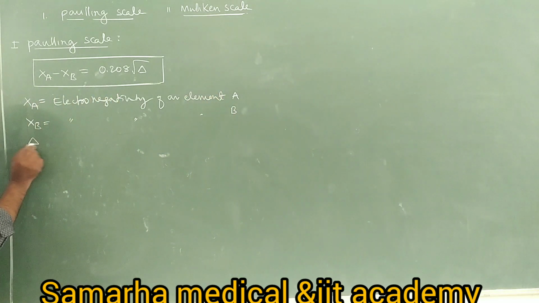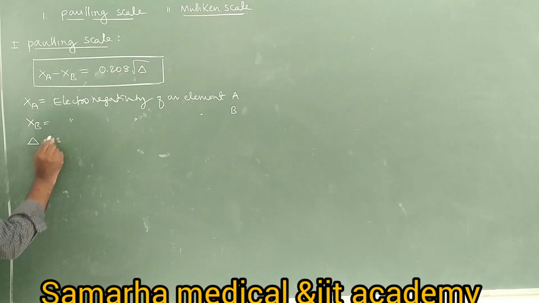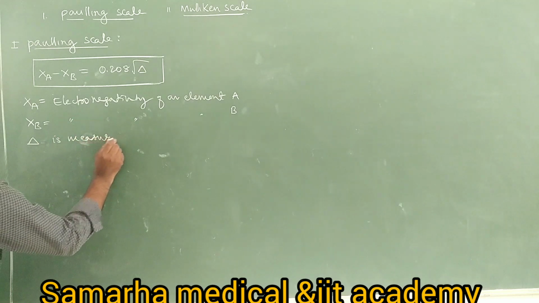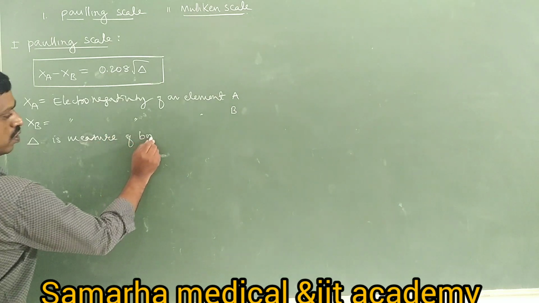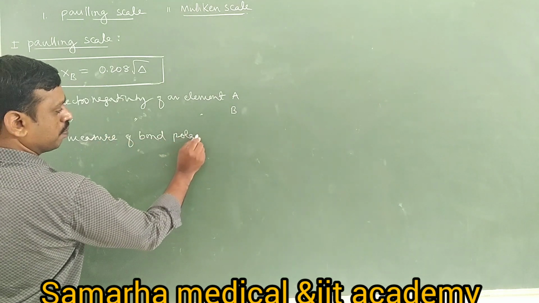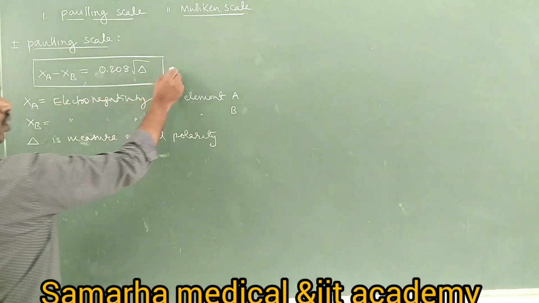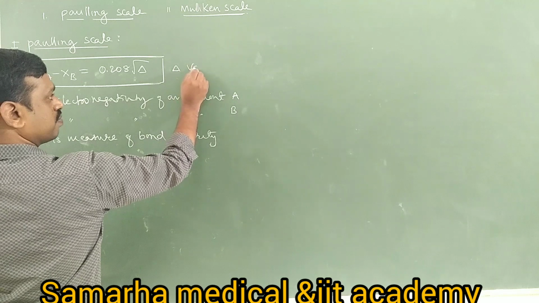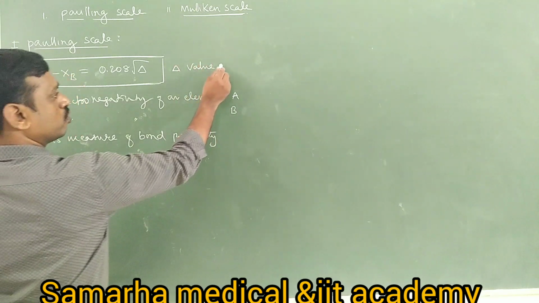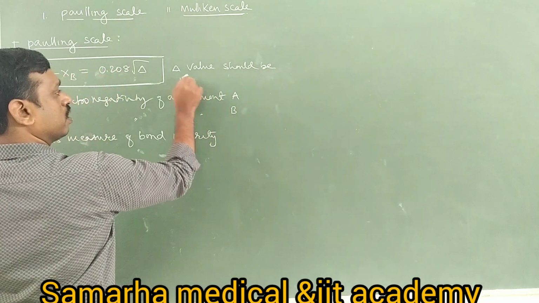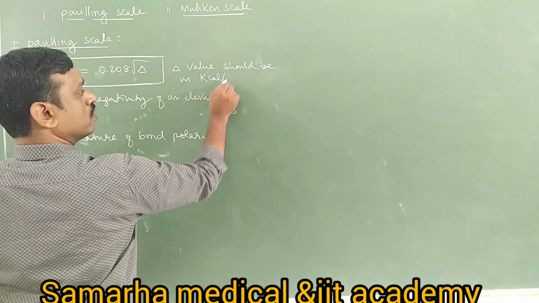Next, important is delta, where delta is a measure of bond polarity. And in this equation, note, the delta value should be in kilocalories per mole.